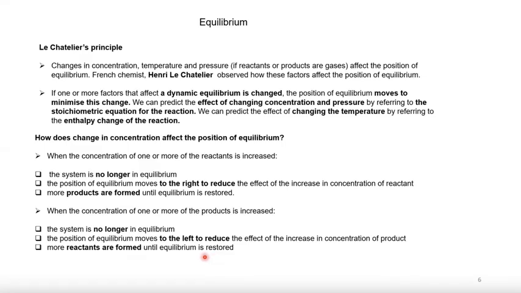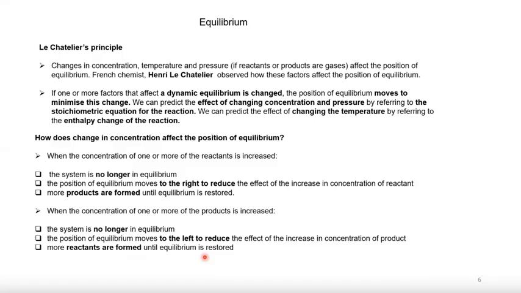So as I said, if we change the concentration of one or more reactants, we have 3 possibilities. Immediately the equilibrium is disturbed, and if it is a reactant, the equilibrium moves to the right, and this reduces the increase in concentration of reactant, and more products are formed to maintain equilibrium again.